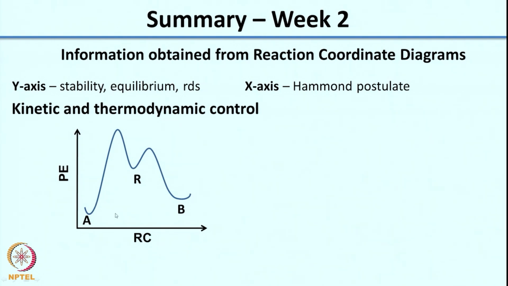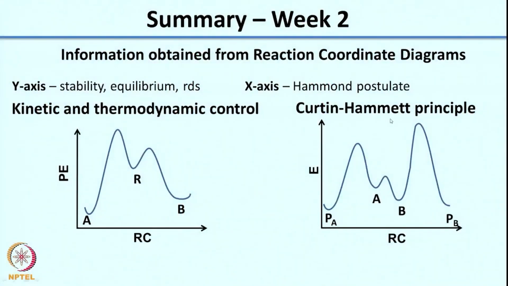So we had looked at examples of these and how you can predict or modulate a reaction so that you get kinetic control or thermodynamic control. And we had also looked at the Curtin-Hammett principle. This principle essentially tells you the ratio of products formed when you have two conformers A and B. A and B are conformers which can interconvert relatively easily, so you have a small energy of interconversion.